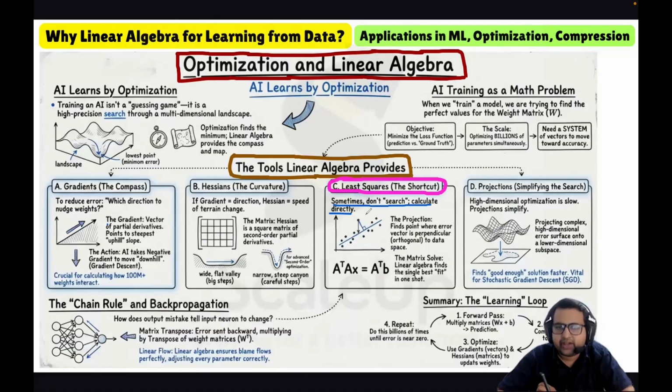In linear regression, the least squares method finds the point where the error vector is perpendicular, or orthogonal, to the data space. In regression, we use the concept of projection. Projection means finding the point where the error vector is perpendicular to the data space. Now let us suppose this line is representing the data space and this is the point.